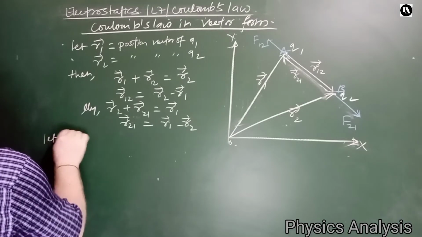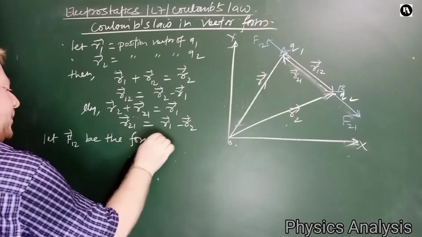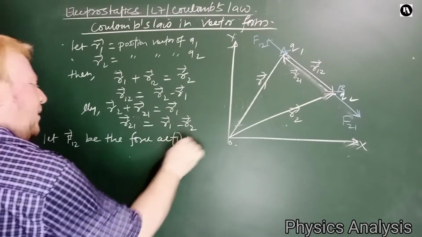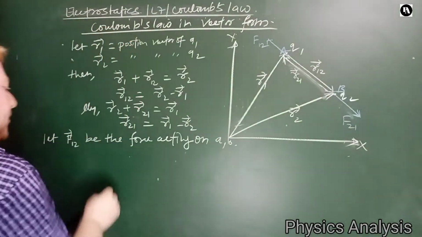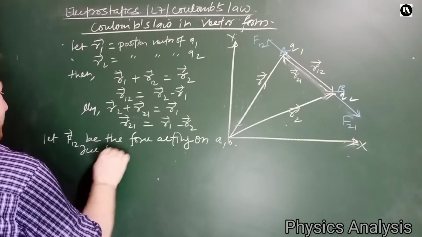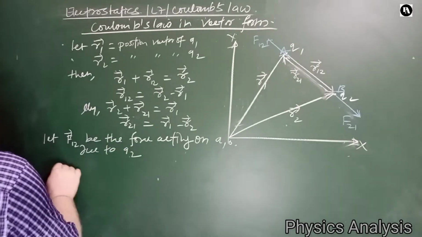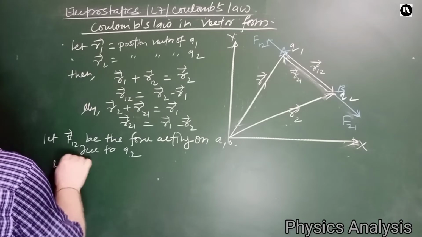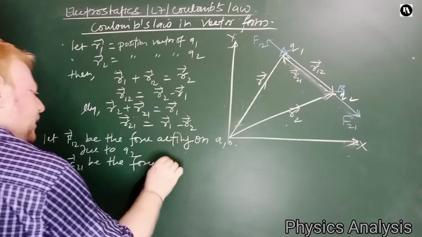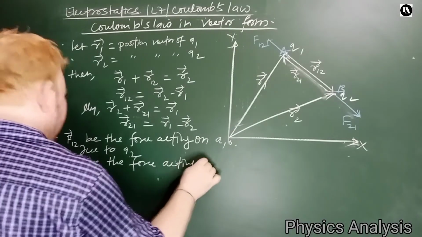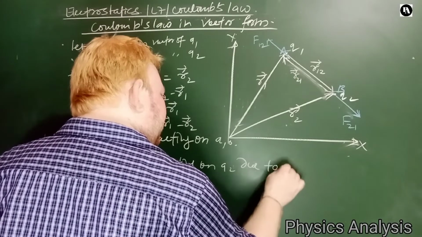F12 be the force acting on Q1 due to Q2, and F21 be the force acting on Q2 due to Q1.